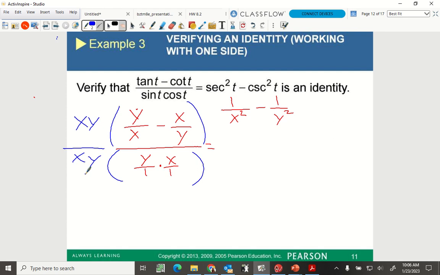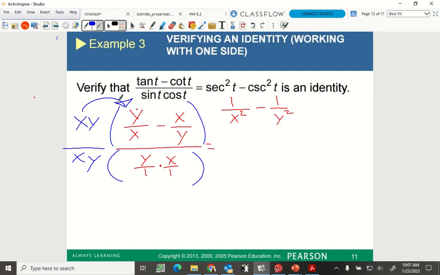So from here, I'm going to try and clean this up a little bit. As I distribute here, what's going to happen to the x's? I'm multiplying by an x, and there's an x in the denominator. It's going to cancel, right?